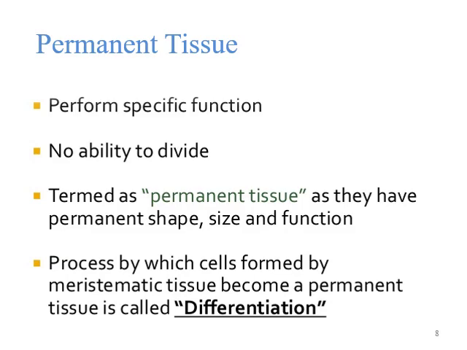The permanent tissues are derived from meristem cells. So the process by which cells formed by meristematic tissues become permanent tissue is called differentiation. These permanent tissues may be living or dead, thin-walled or thick-walled.